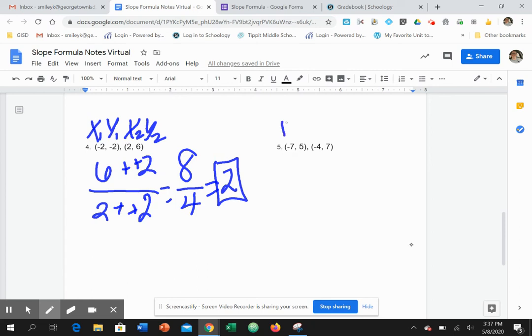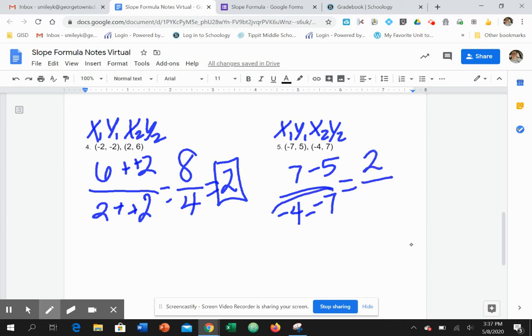On this one, again, write your x1, y1, and your x2, y2. Okay, so 7 minus 5, negative 4 minus negative 7. My y's are always on the numerator. So 7 minus 5 is 2. If you don't know how to do this bottom part because you don't remember integers, go to a calculator and type it in. But these two show now addition.